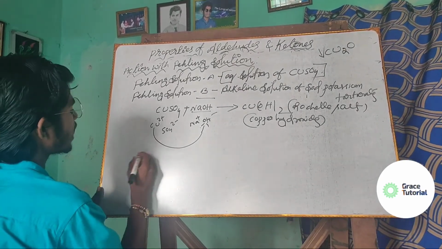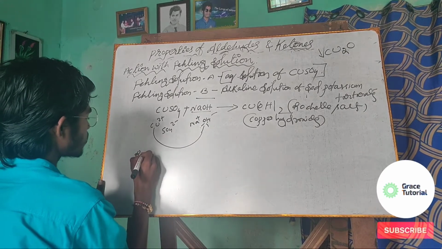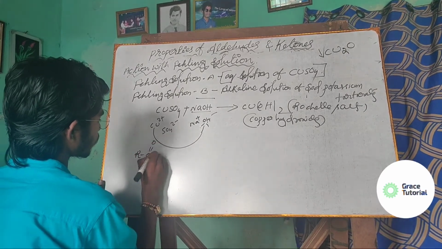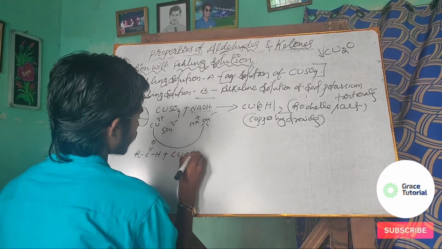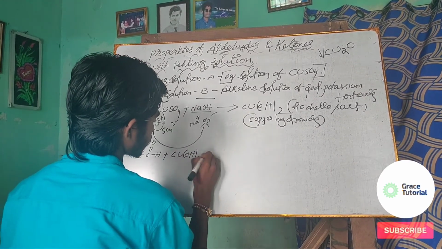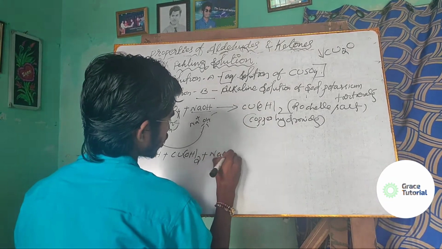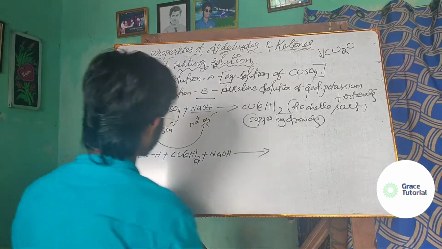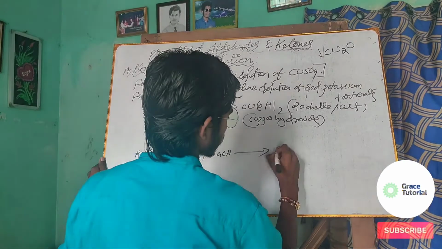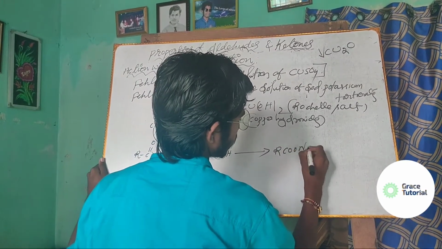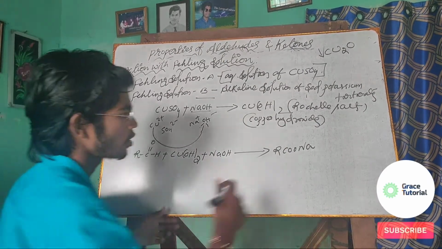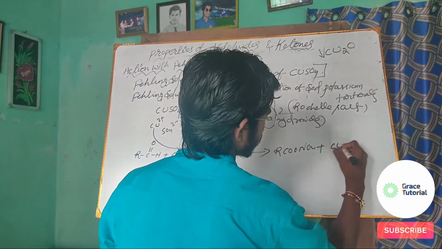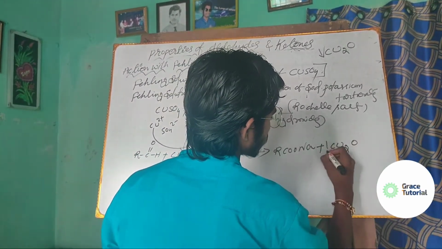Suppose I have an aldehyde, RCHO. When aldehyde reacts with Fehling solution along with NaOH, it gives RCOONa, the sodium salt of the acid, plus Cu2O. This is very important.